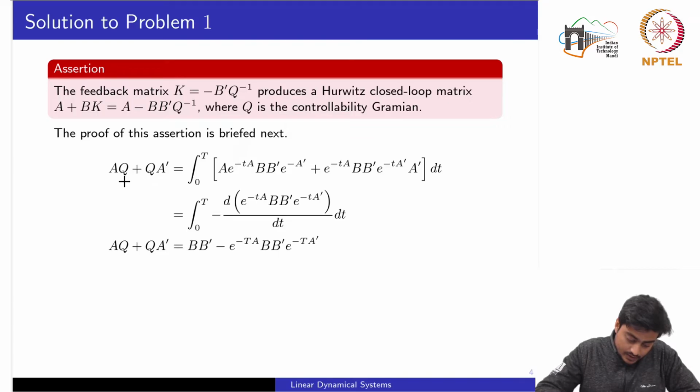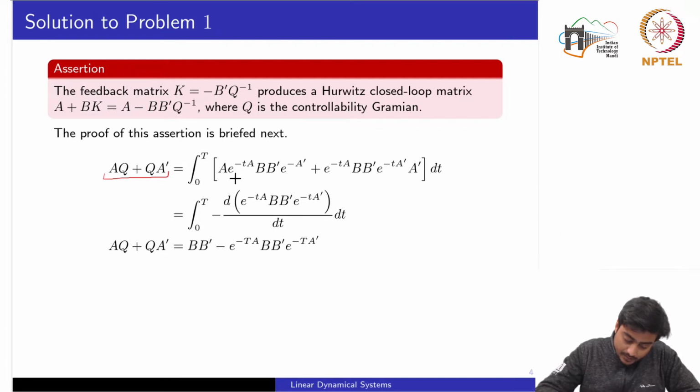The left hand side is basically similar to what we had seen as the Lyapunov equation during the stability week. Since we need to show that the closed loop matrix is Hurwitz, we will take the help of the Lyapunov equation to show this result. If we recall, the left side is the left side of the Lyapunov equation, AQ plus QA transpose.